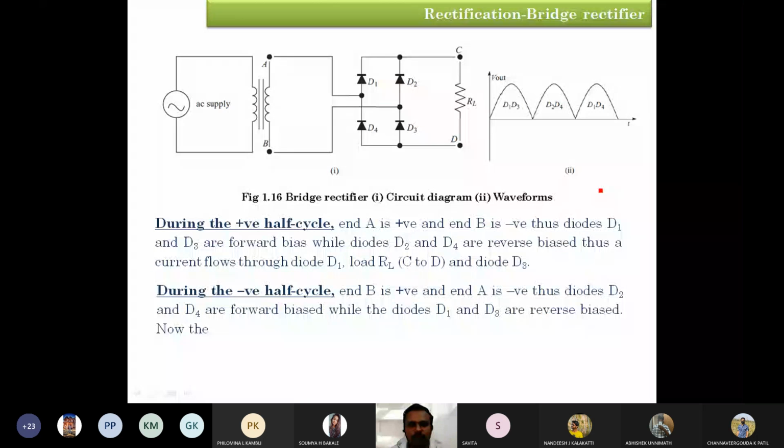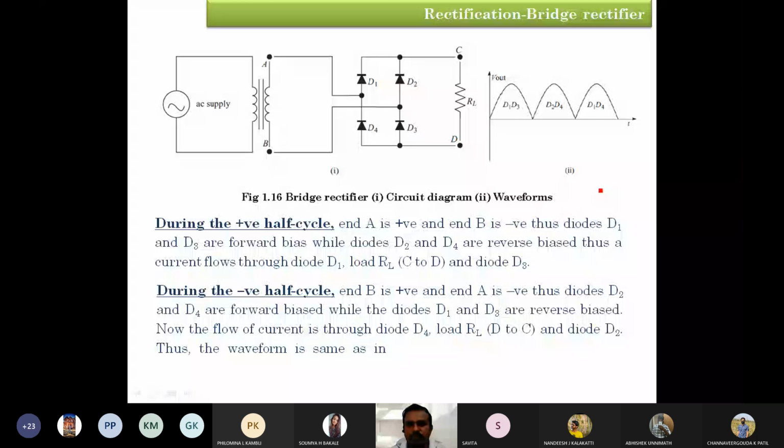Now the current flows through the forward biased diodes D4 and D2 through RL. Therefore, the output will be there across RL. Hence, we observe the output during the negative cycles as well. It is due to diodes D2 and D4 during the negative cycle.